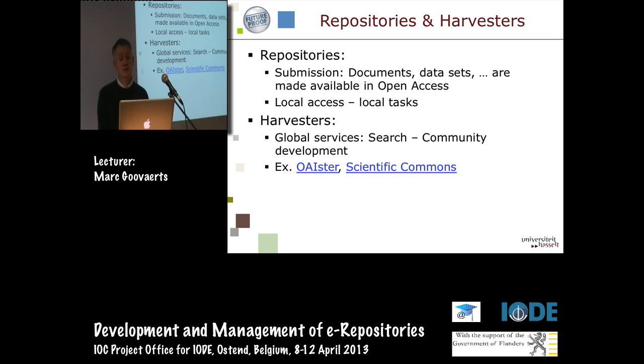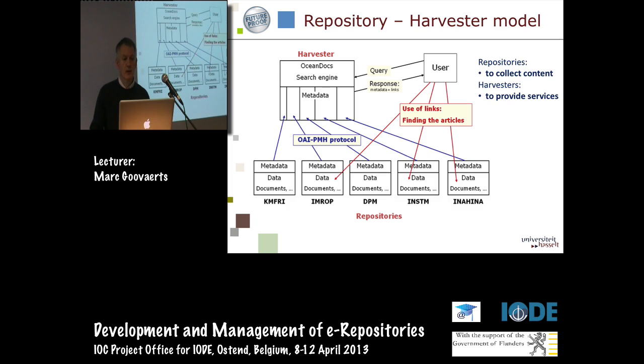And the harvesters, they give the global services, and you already talked about it probably, about Oyster, and so I don't have to go deeper in that. So I made a little description of it.